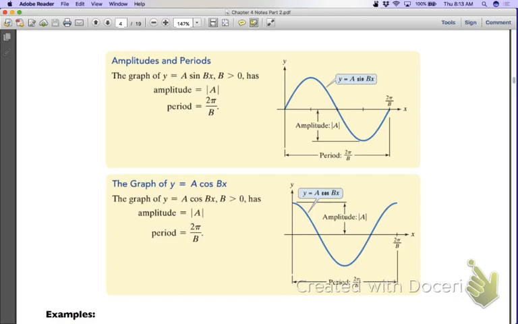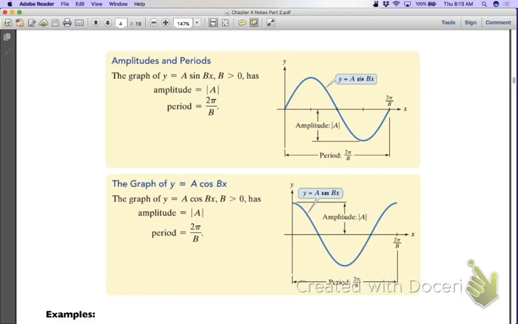So before, whenever we dealt with quadratics and cubes and absolute value, remember how we adjusted any sort of function that we had.